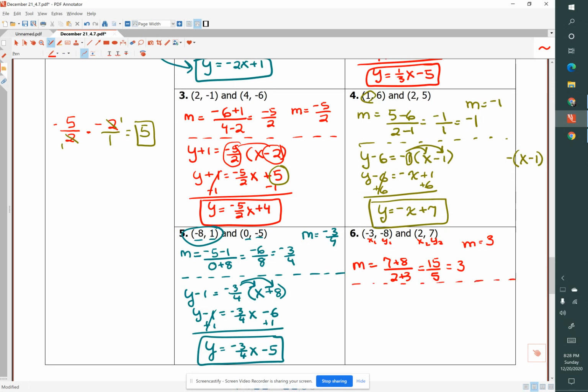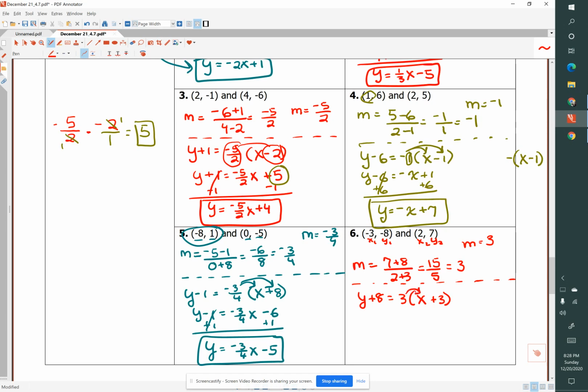Now we use the point slope form to derive the slope-intercept form. So we will do y minus y1, which is negative 8. So subtracting a negative is the same as adding a positive, equals 3 times the quantity of x minus a negative 3, which is plus 3.